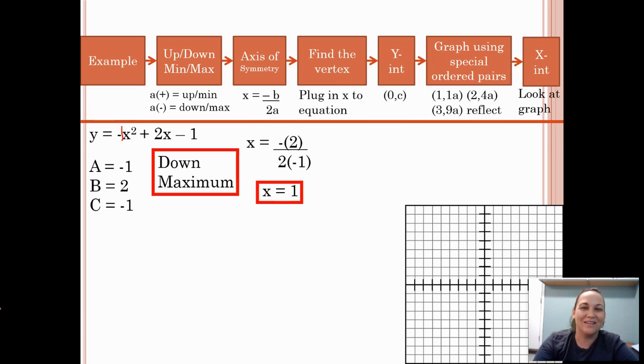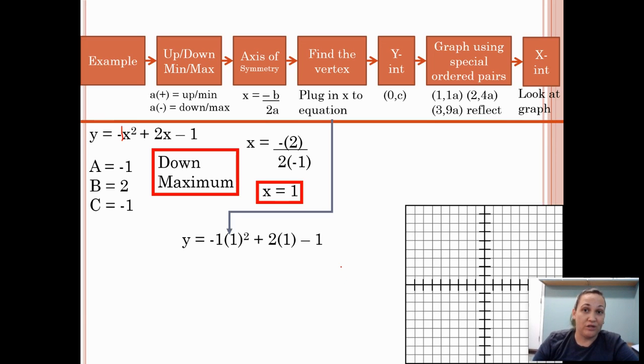Let's go ahead and plug in. Notice that I did not just put a negative sign, I made it a negative 1. That's this part right here. For the x squared, I plugged in 1, so 1 squared. We're not squaring the negative sign, we're squaring the 1 from the axis of symmetry. Then 2 times 1, and then minus 1.